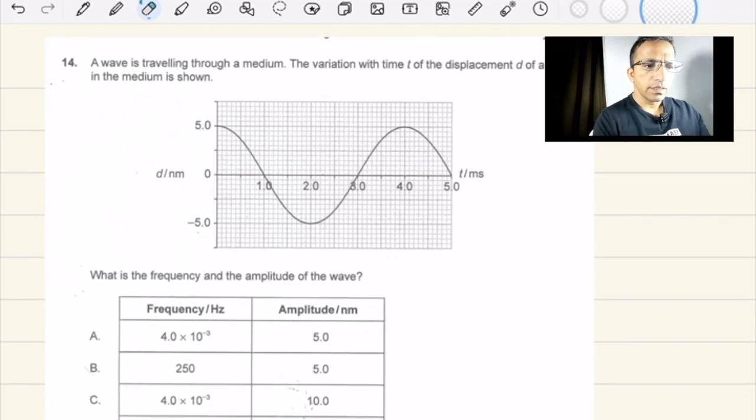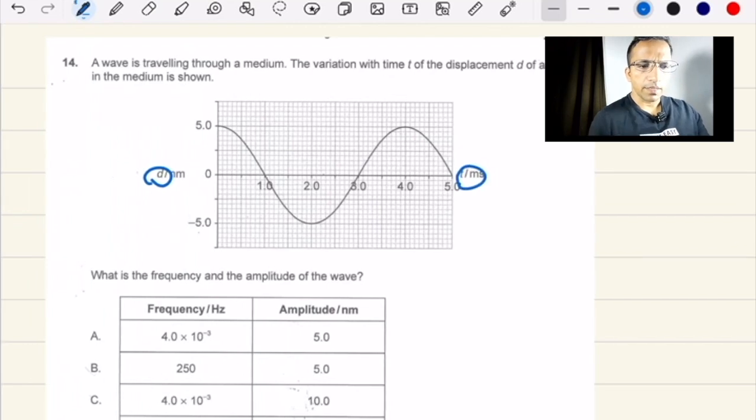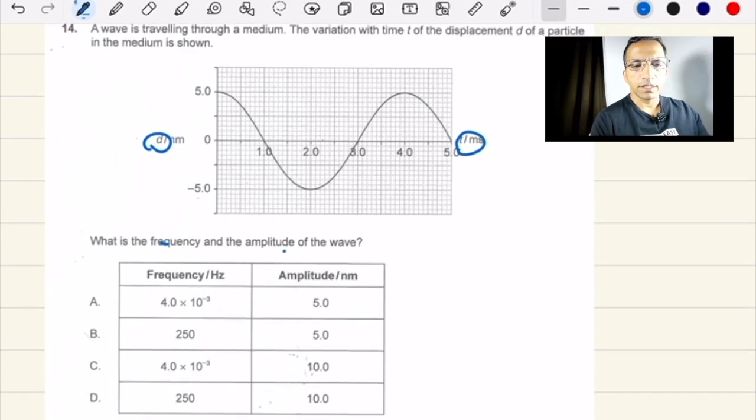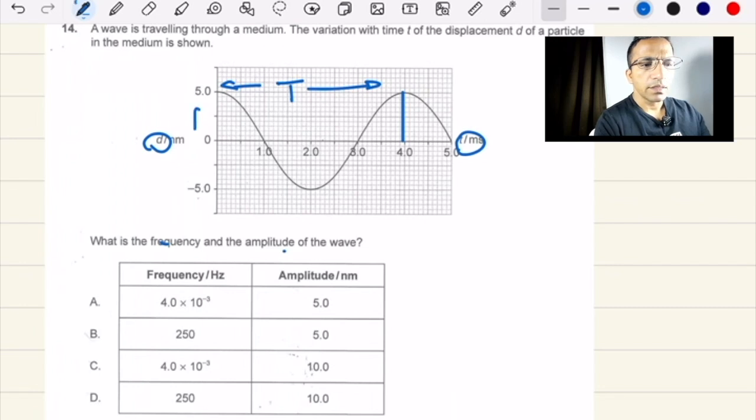Okay, this is the displacement and time graph for a particle in simple harmonic motion. They ask frequency and amplitude. What can we get from this graph? We can get the period, right? Period is this value, and amplitude is the distance from the equilibrium point to the extreme point, right?